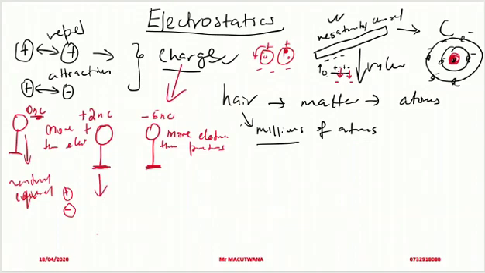You would sometimes hear the language saying this one is electron deficient, or it has electron deficiency. It is short of electrons. This one has an excess of electrons. It has more electrons.